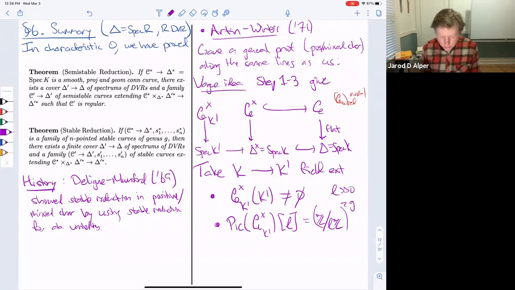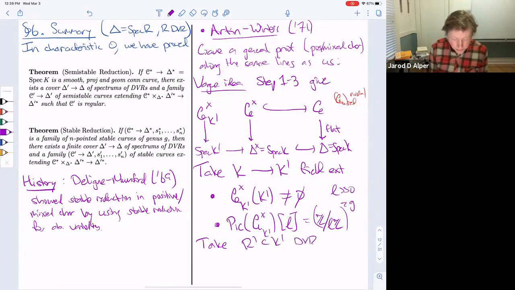In particular, you want L to be distinct from the characteristic of the residue field. And then you take a DVR, R prime, and you somehow magically show that this process works, that the central fiber of C over R prime is reduced and nodal.